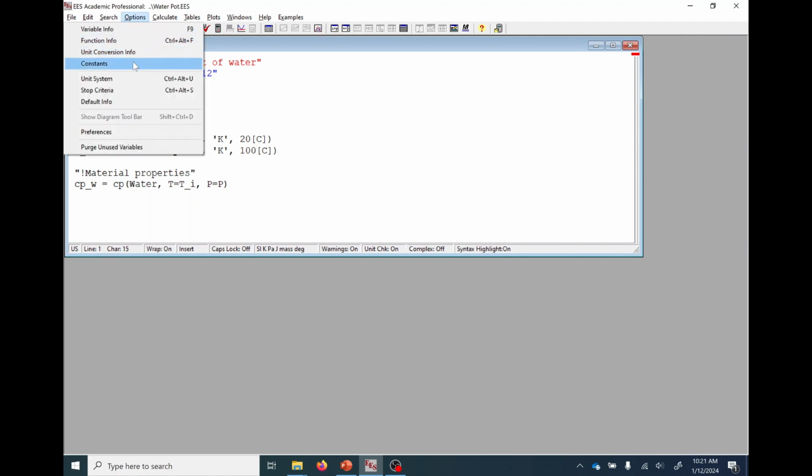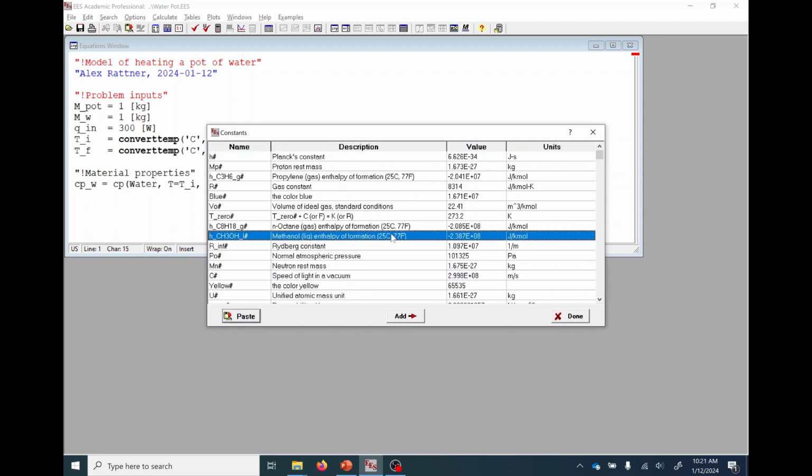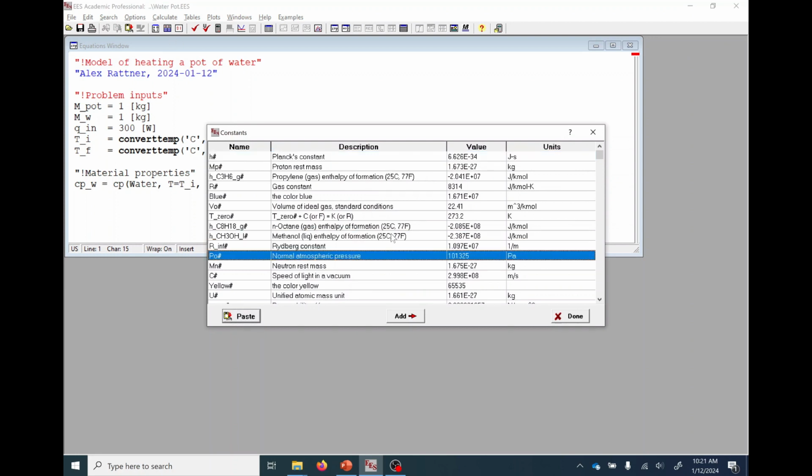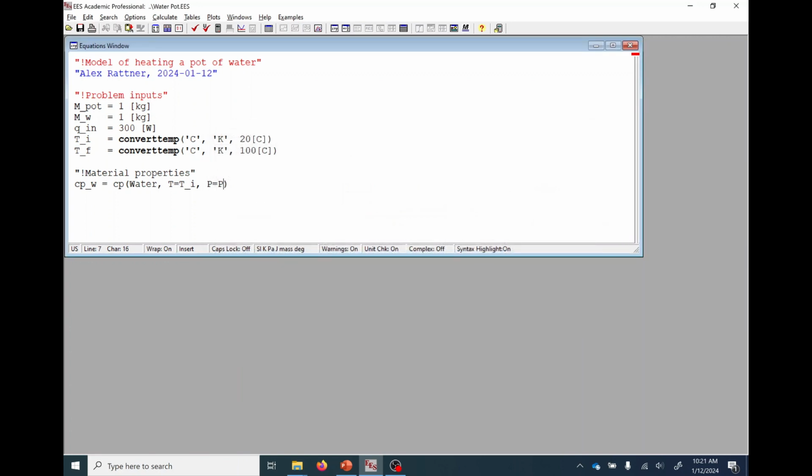So if we go to the list of constants under options, you can see these here. And one of them that I'll often use is the atmospheric pressure, which is valid for a lot of problems that we'll deal with unless we actually know they're happening at higher or lower pressure. So to get a constant, it ends with a hash symbol for reference.